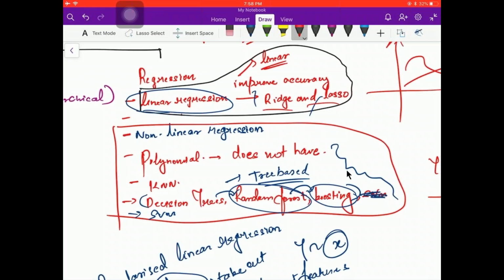For boosting, for example, boosting itself has three types of boosting. But they all come under the umbrella of boosting. There's something called AdaBoost, extreme gradient boost, and light gradient boost. So there are three or four types of boosts available, but they come under the same concept of boosting.